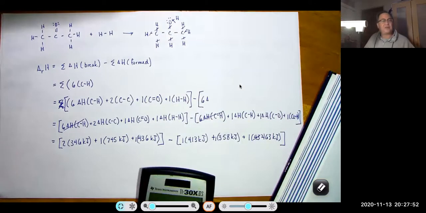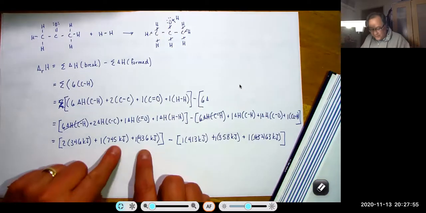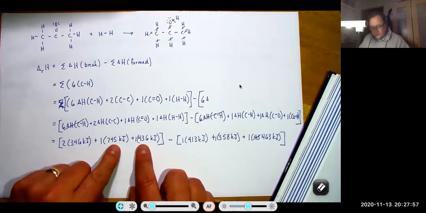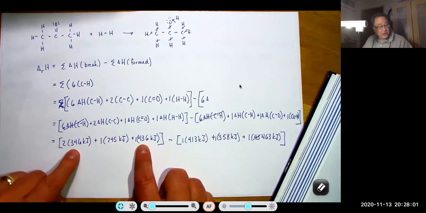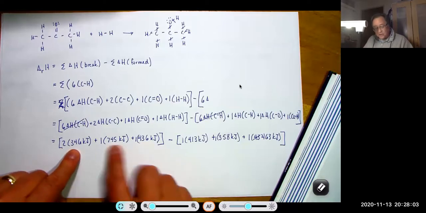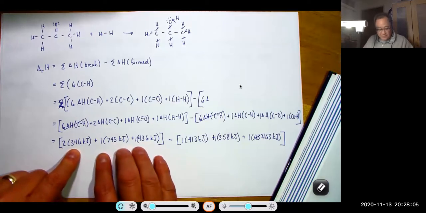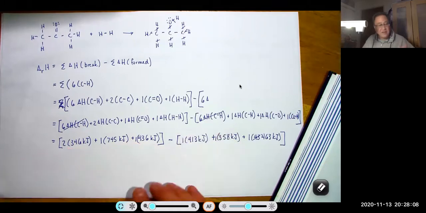Okay, so I'm going to bring out my trusty calculator, but I'm going to estimate first. I think everyone could agree that if we added these two numbers together, we'd get close to 1,200. And then 2 times this is close to 700. So this is close to 1,900, a little less.